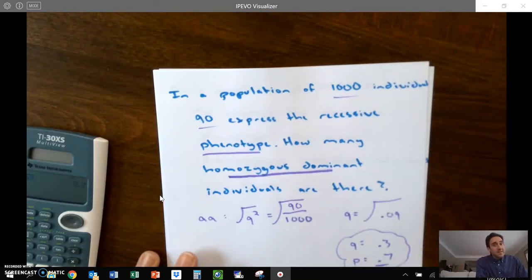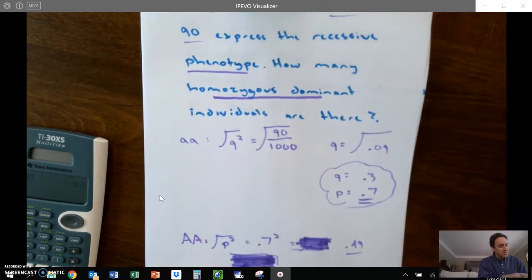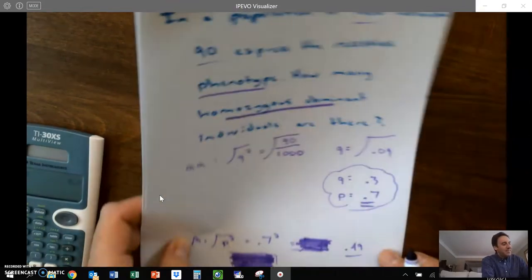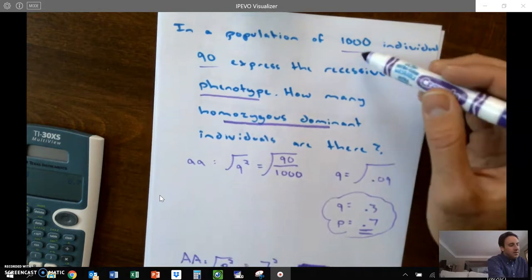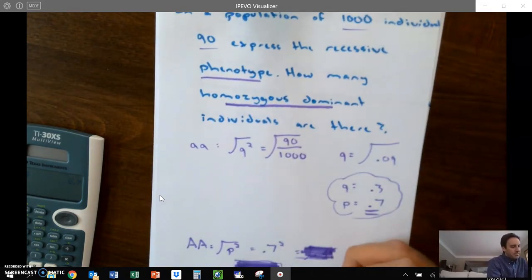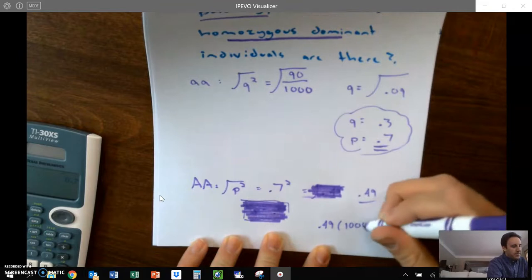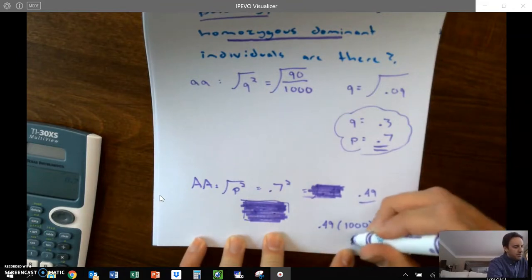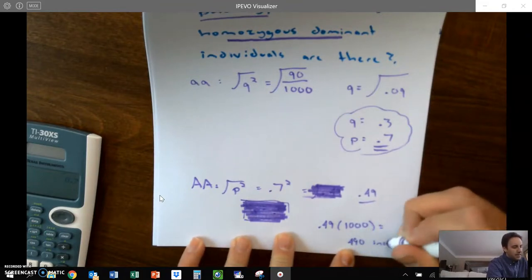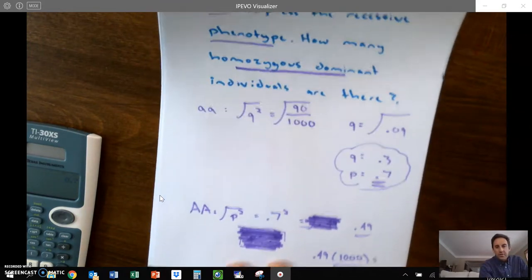I'm not sure how seamless this editing is, but I messed up that last one. So here we go, we're at 0.49. And so then we go back and say, if there are 1,000 individuals in the population, 49%, so 0.49 times 1,000 individuals is going to equal 490 individuals. So 490 individuals are going to be homozygous dominant.